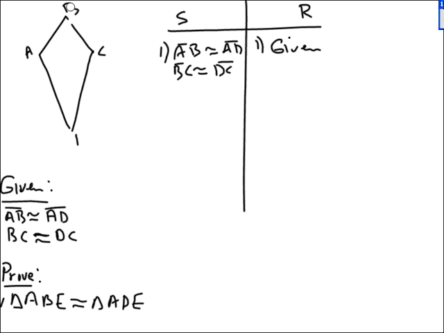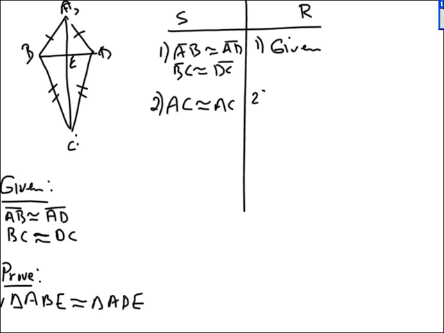Well, let me use the same labeling as before. So we have that AB and AD are equal in length, and BC and DC are equal in length. Now we're going to say that AC is congruent to AC. And this, of course, is the reflexive property.